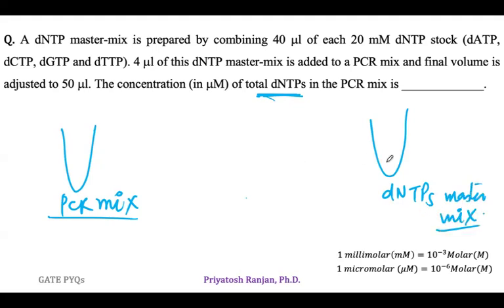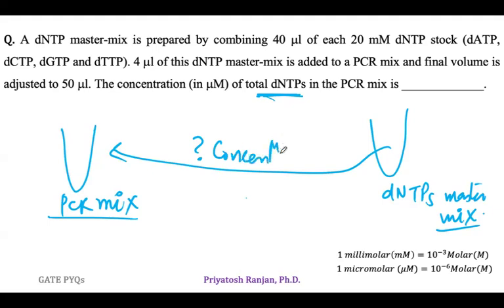And I need to calculate the final concentration of the dNTPs in this particular tube, PCR mix. So first I need to calculate the concentration of all the dNTPs in this tube, and then we can calculate the final concentration in the PCR mix.